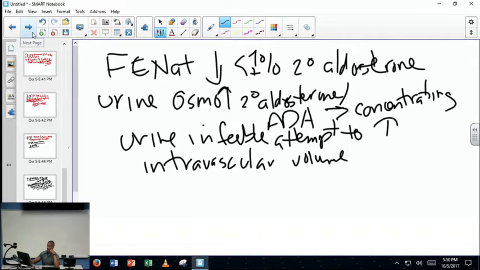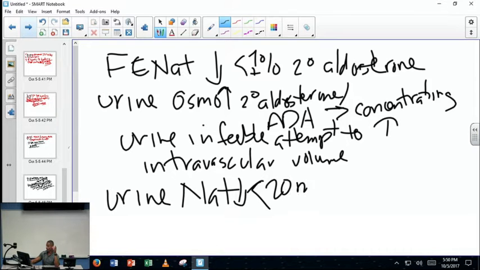Okay? And then your urine sodium, obviously, low, less than 20 milliequivalents a liter, or millimoles. Secondary to, again, aldosterone.